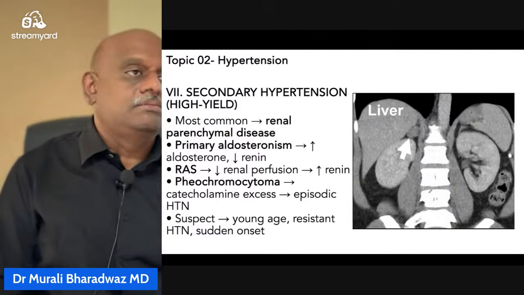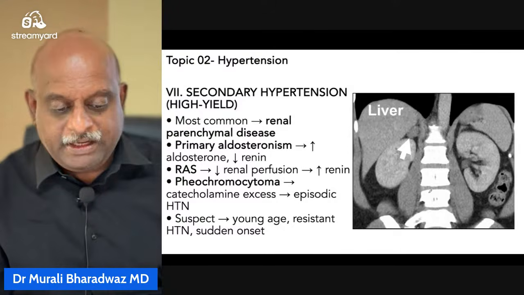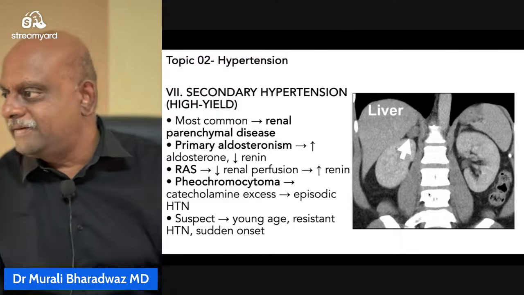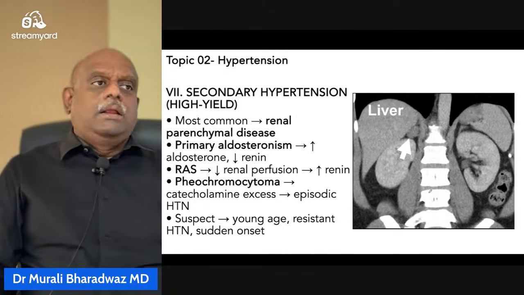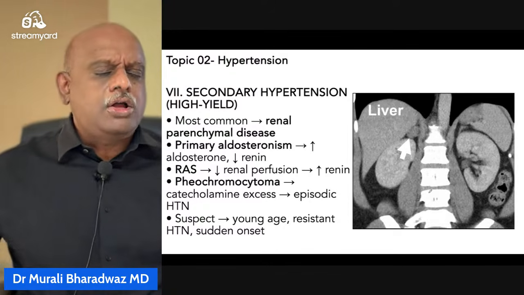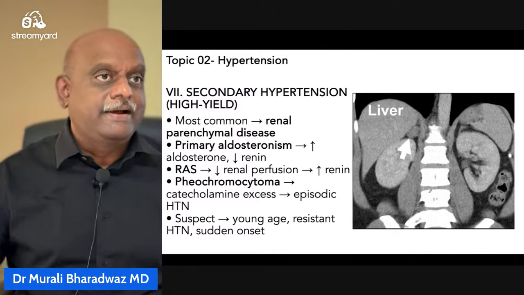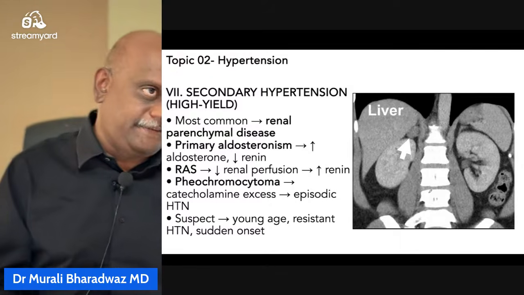Now let us talk about secondary hypertension, the high yield things, right? The most common cause of secondary hypertension is renal parenchymal disease.